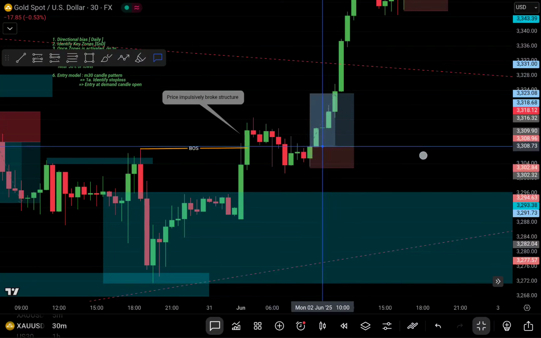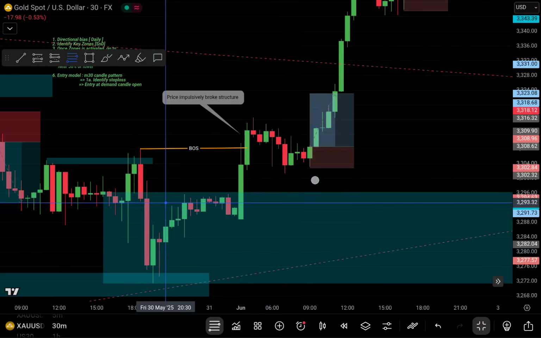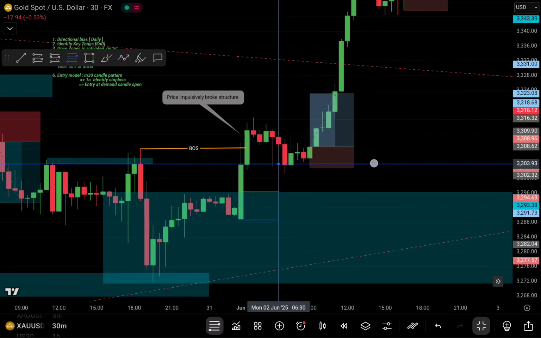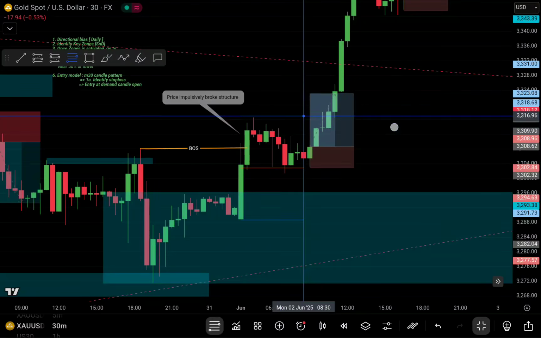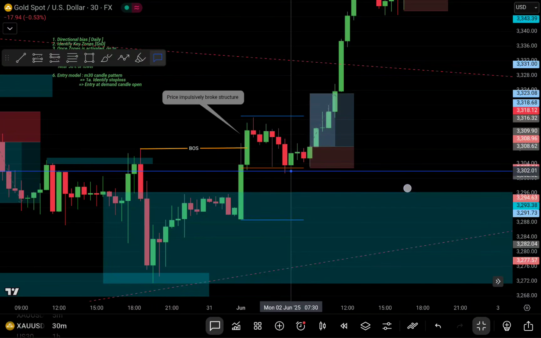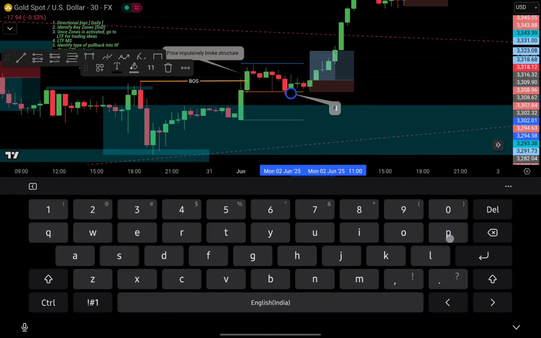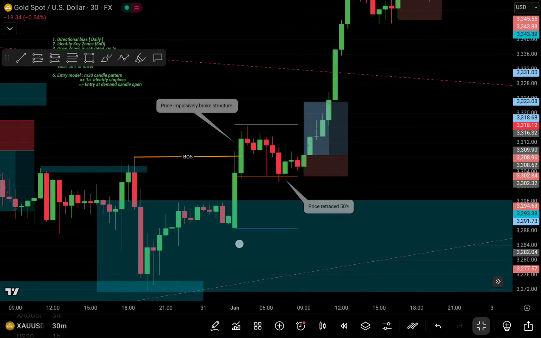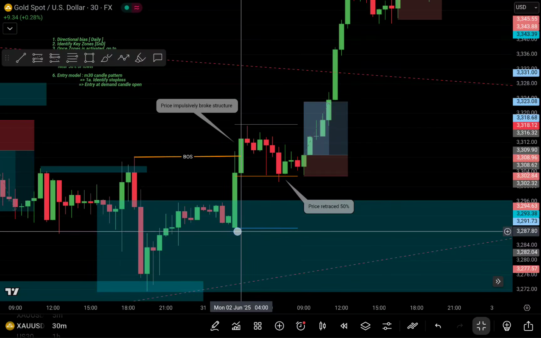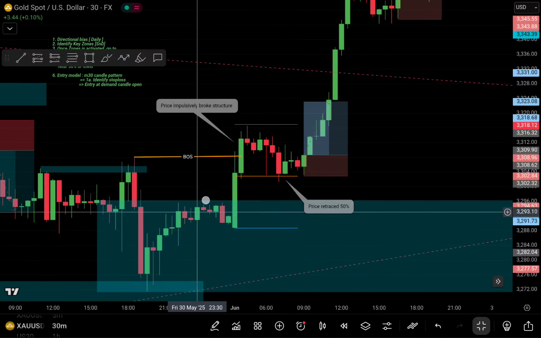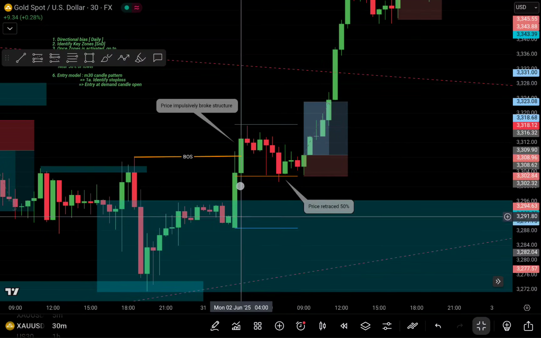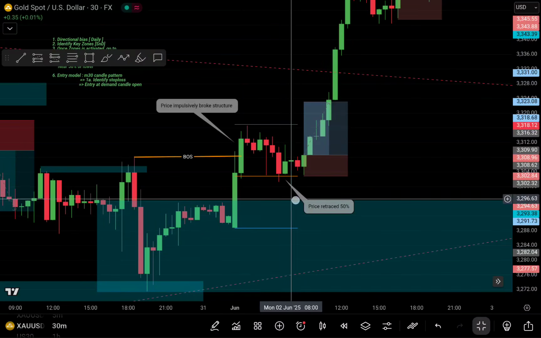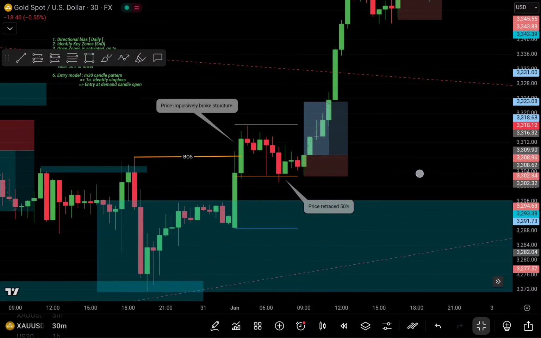Then you see, you put a Fibonacci. Okay, then the price retrace 50%. Why did I put a Fibonacci from here? Because the momentum kicked in from here. Even though the original move started from here to break this structure, but the momentum kicked in from here, right? So this is also a valid point.